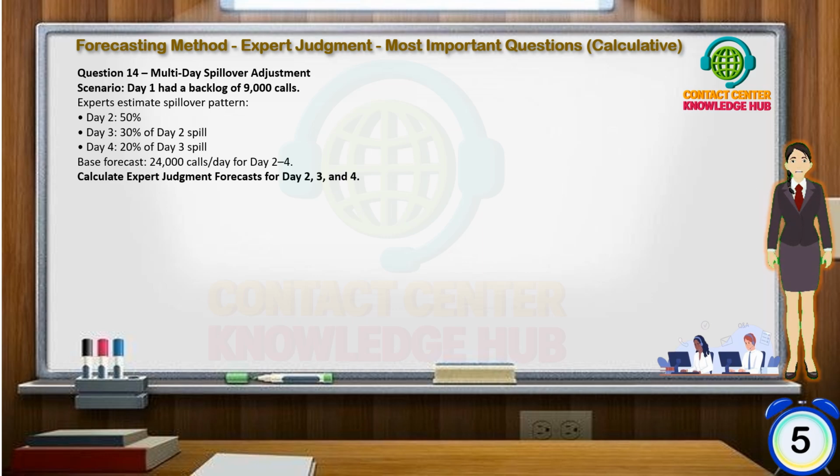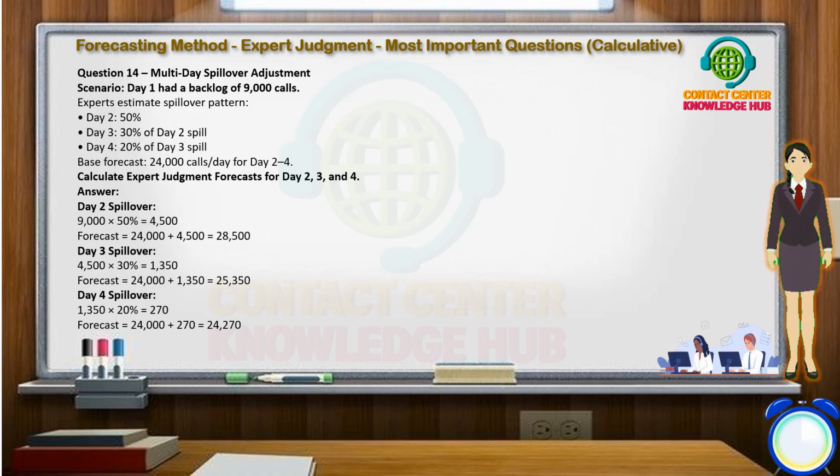Think for a moment. And the answer is here. We will calculate spillover day by day, then add it to the base forecast. Day 2 calculation. Day 2 spillover equals day 1 backlog multiplied by 50%.